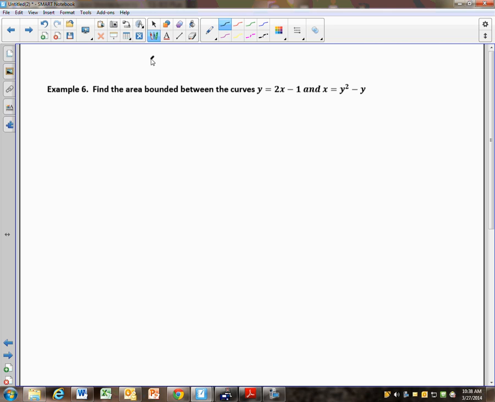It's not an oval. What is that? That's a parabola. So what's that? It's a sideways parabola. That's all it is. Just go sideways. Parabola.